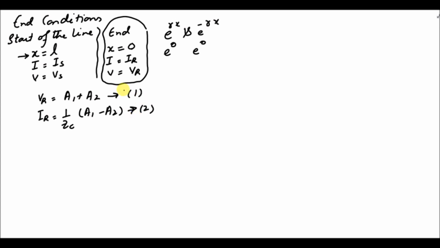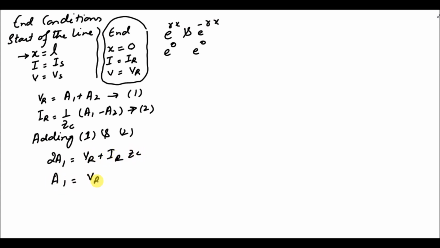So now solving these two equations, we will get the values for the constants. 2A1 is equal to VR plus IR ZC, and A1 is equal to (VR plus IR ZC) over 2.